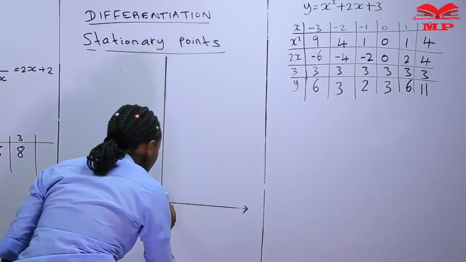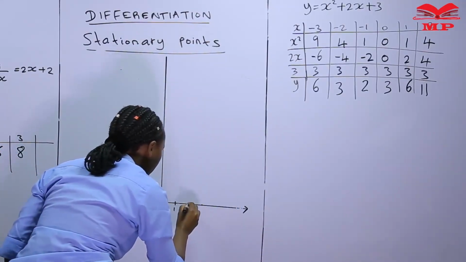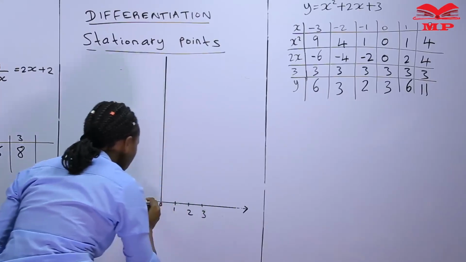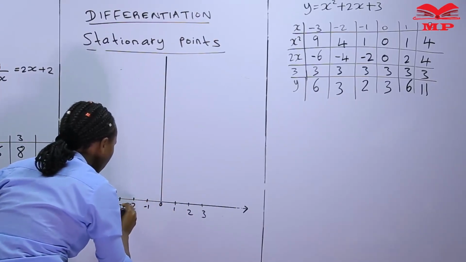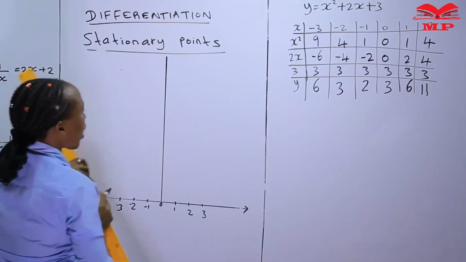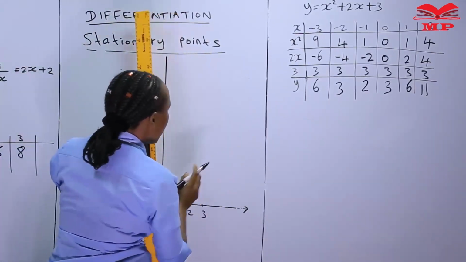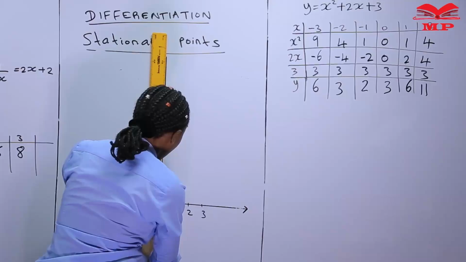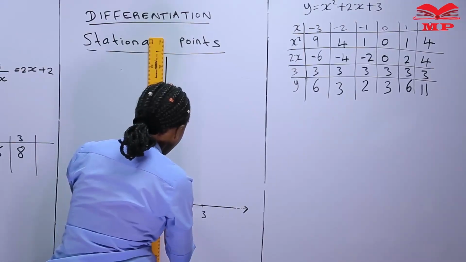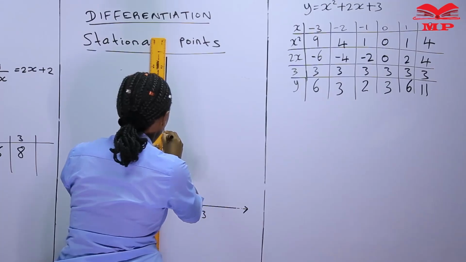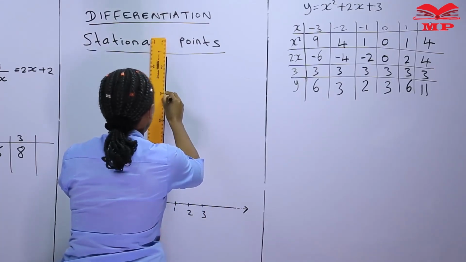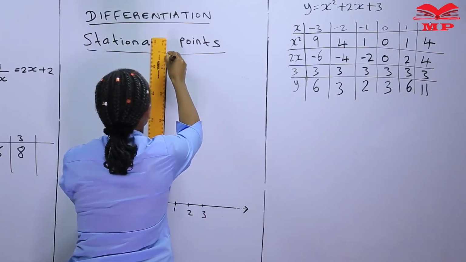This is our x-axis. We have 0 here, 1, 2, 3. We have negative 1, negative 2, negative 3. Then on the y-axis we have 6 to 11. So we start from 0 up to 11. So we have 1, 2, 3, 4, 5, 6, 7, 8, 9, 10.